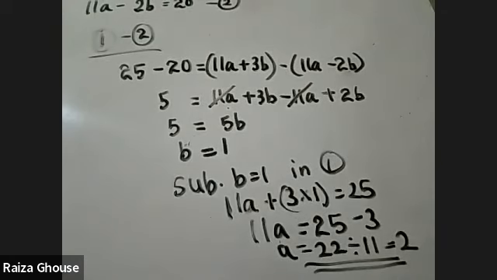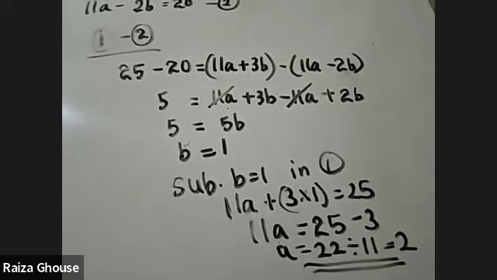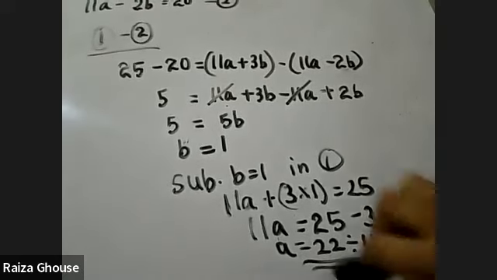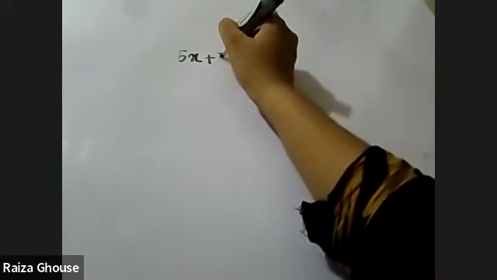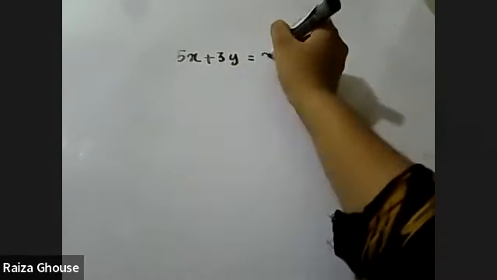Okay. Right. Now we'll discuss that part. Now have a look at this. If you get unequal coefficients, how can you do the question? For example, you're getting 5x plus 3y equals 21.